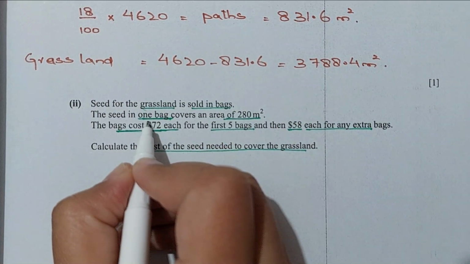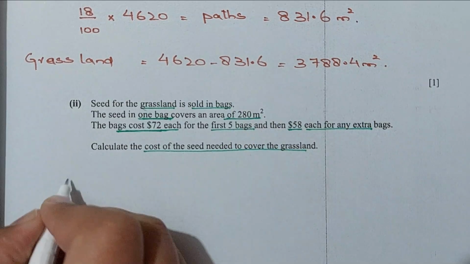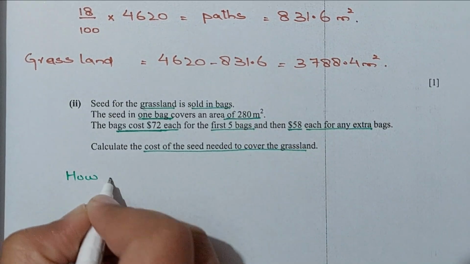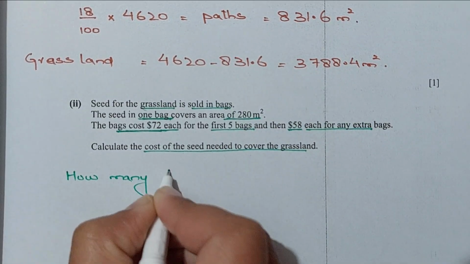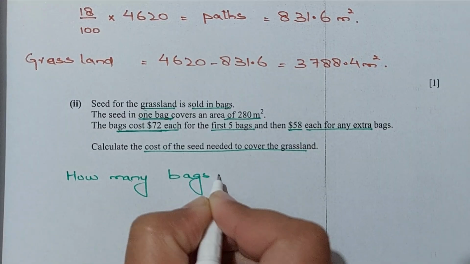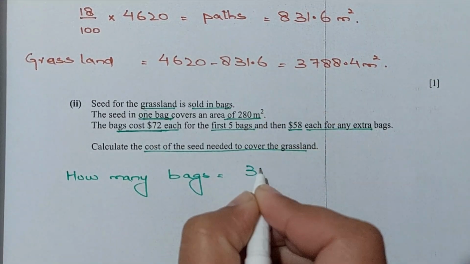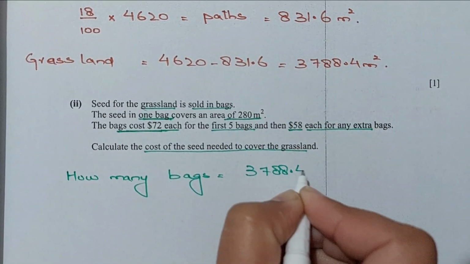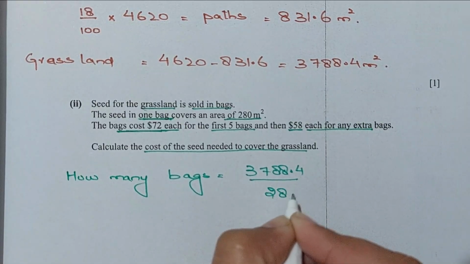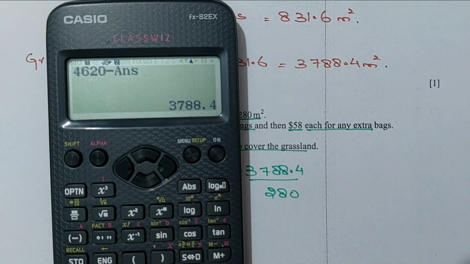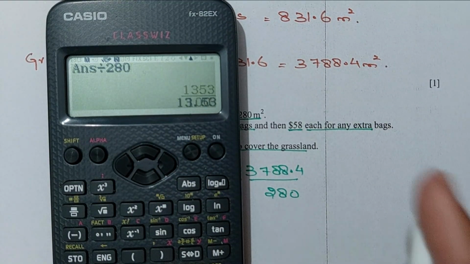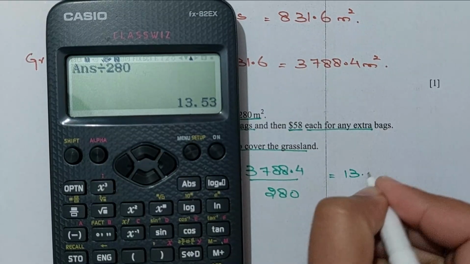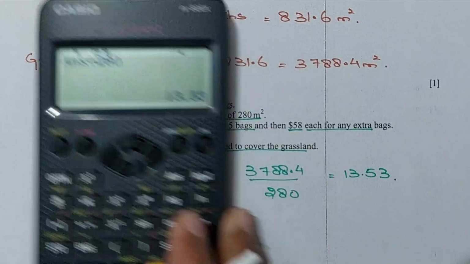So if one bag covers an area of this much, then how many bags cover the total area? 3788.4 divided by the one bag area, 280, is 13.53 bags we need, right?